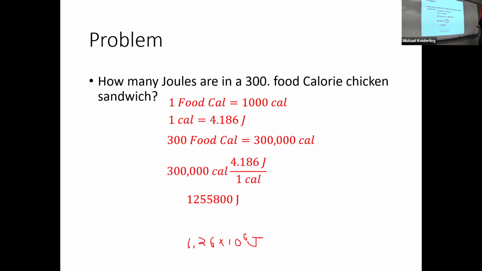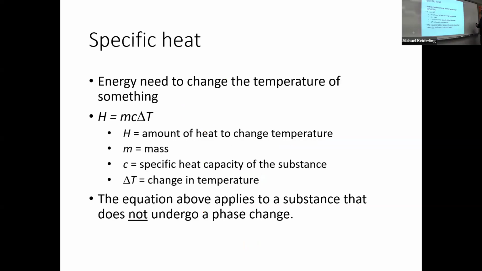But this is 3 significant figures, so you round it to 1,260,000 joules, or 1.26 times 10 to the 6 joules. You could also take that 1 food calorie is 4,186 joules and do this by multiplying 300 by 4,186.